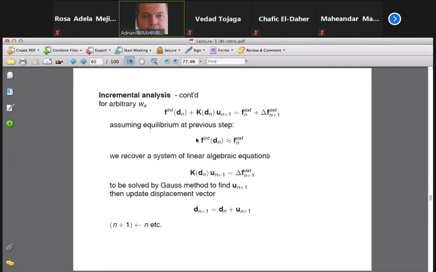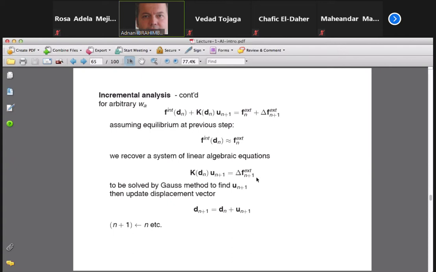And then you assume that at time t n you have achieved equilibrium. In other words, the internal force and external force at time t n were approximately the same, so you can cancel these two. Then from the equation above, taking this cancellation into account, you simply obtain the tangent stiffness computed at d n times the incremental displacement u n plus 1 equal to the incremental external force, delta f n plus 1.